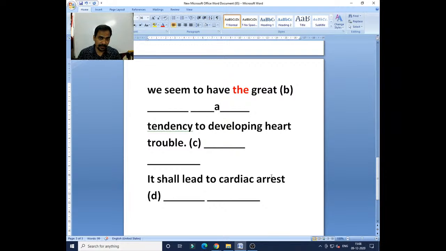Where is the mistake in column number C? We seem to have a great tendency to developing heart trouble. Column number C, you check it out.